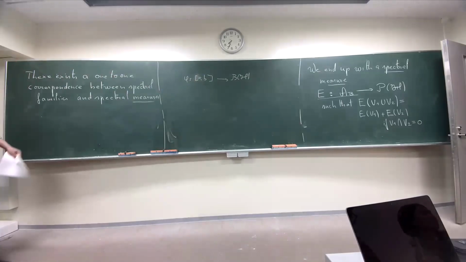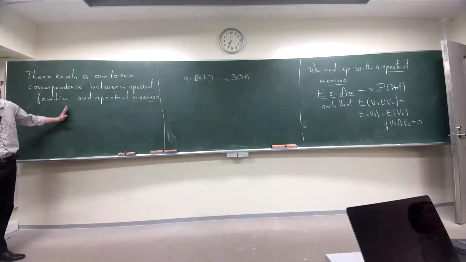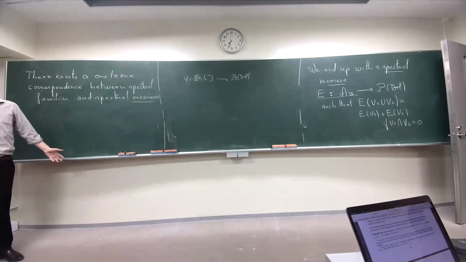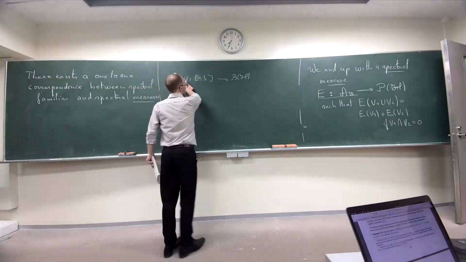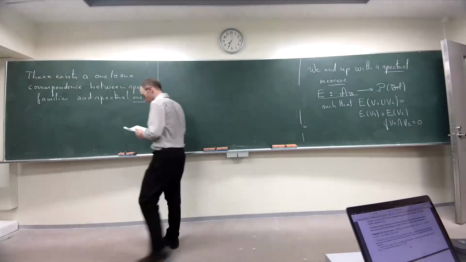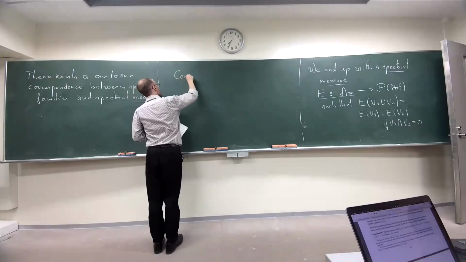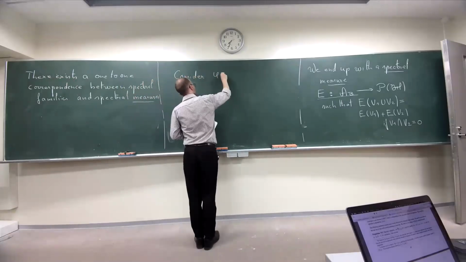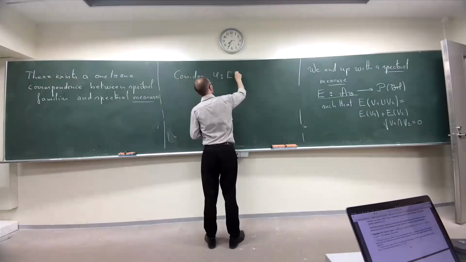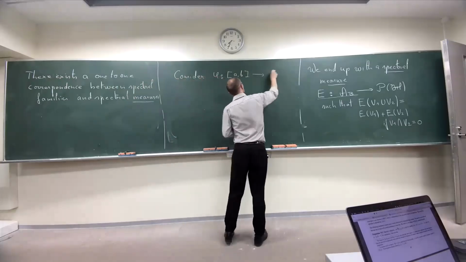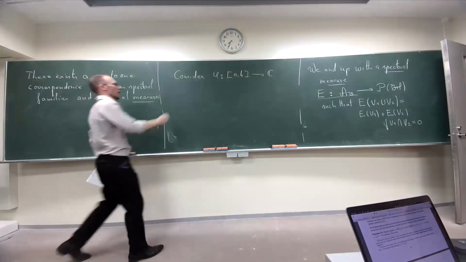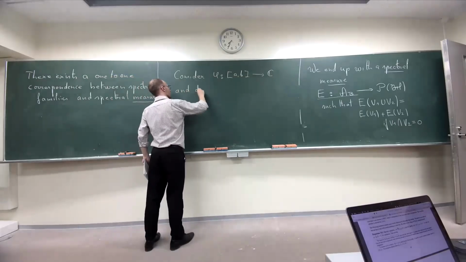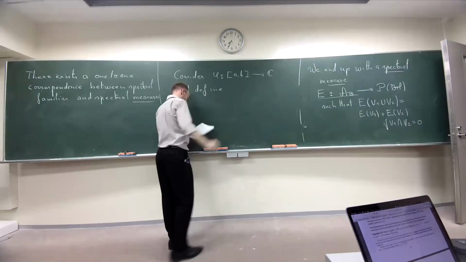We have functions on R with values in the set of projections, but a projection is a special case of a bounded operator. So we are going to come back to what we have seen at that time. And so I'm going to consider phi from AB to C. So I just take values in C, but I define the following thing.